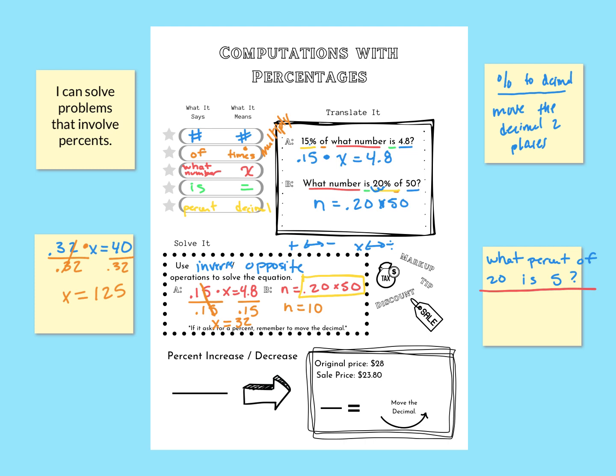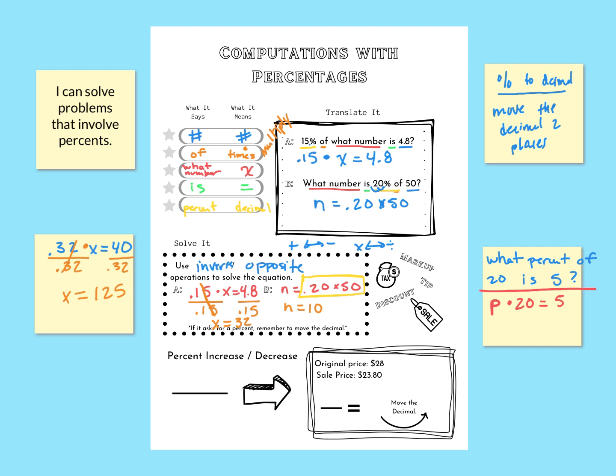We need to return a percent to a decimal, but I don't have a number yet. So that's my unknown, and we're going to use a variable. I'm going to use a variable p to represent percent. So what percent, p, of times 20, the number just stays a number, is means equals, and then 5, a number just stays a number.